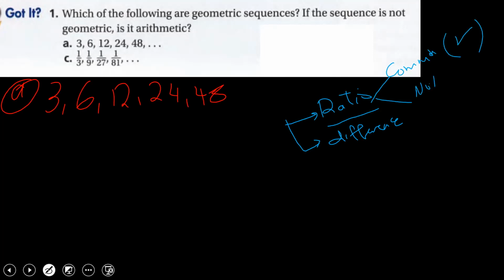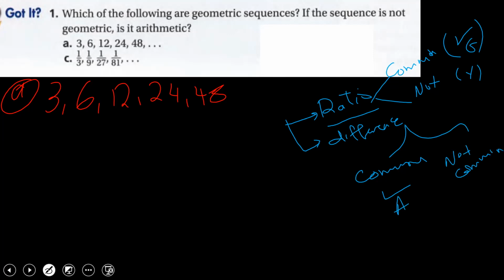If it is not common, I will say it's not geometric. And also, if I have now a common difference, I will say it is arithmetic. And if it's not the same, it will be not arithmetic.